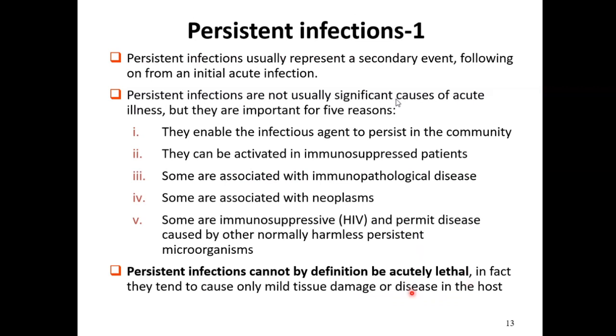They normally don't induce death of the host, as they need to be sustained in that host. They tend to cause mild tissue damage or disease in the host. They don't really cause a big problem as acute.